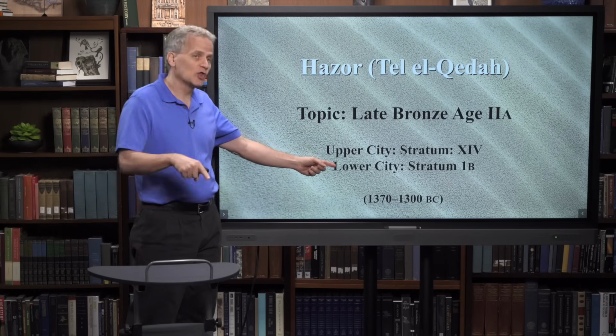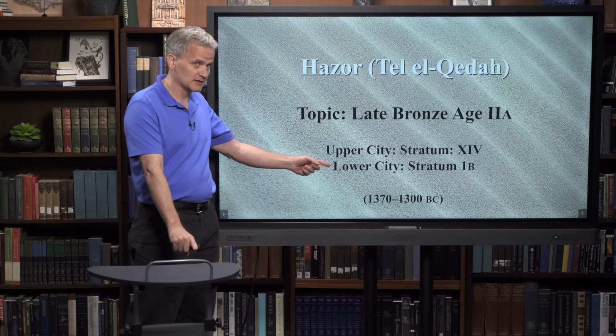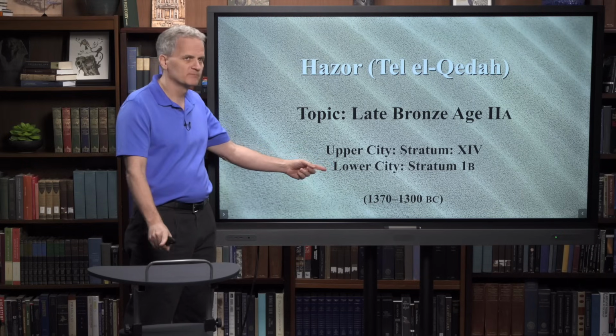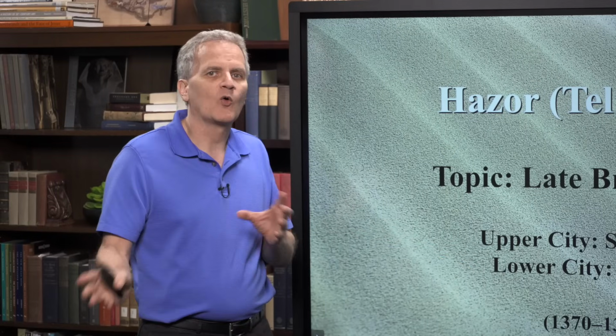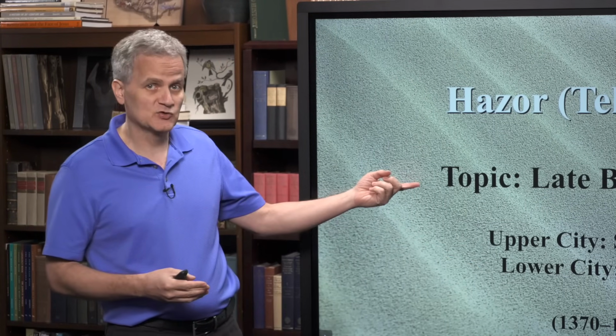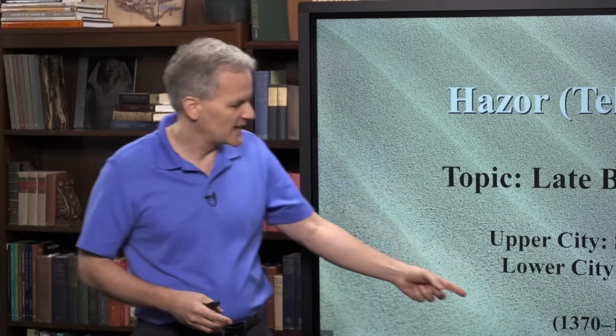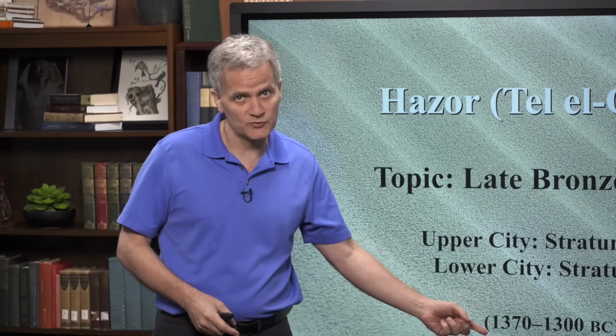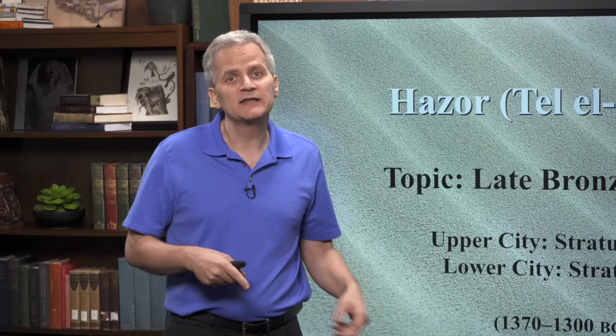And then the lower city was also reoccupied at the time, and that's known as stratum 1B. So it's 1B or 14, one or the other, that connect us to Late Bronze Age 2A at Hazor. The dates for this are roughly 1370 BC to 1300 BC. So let's take a look at what we find at the site during Late Bronze 2A.